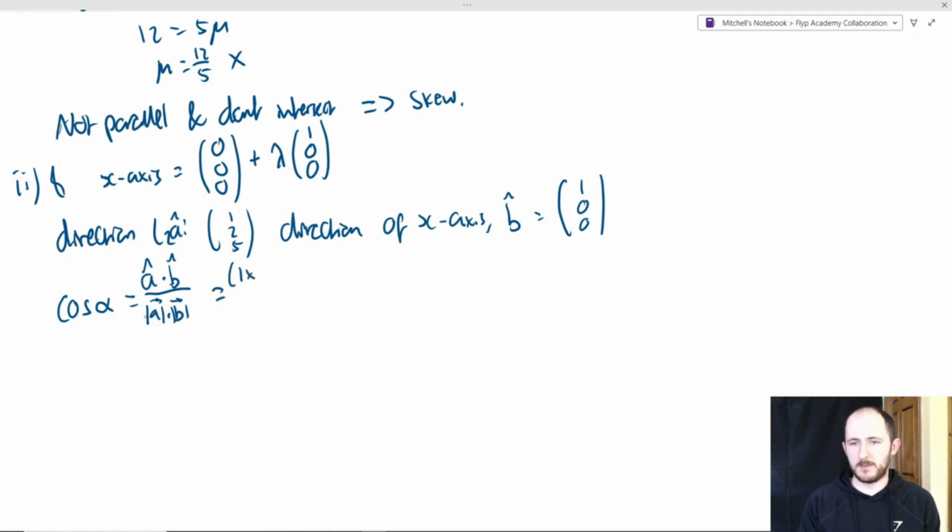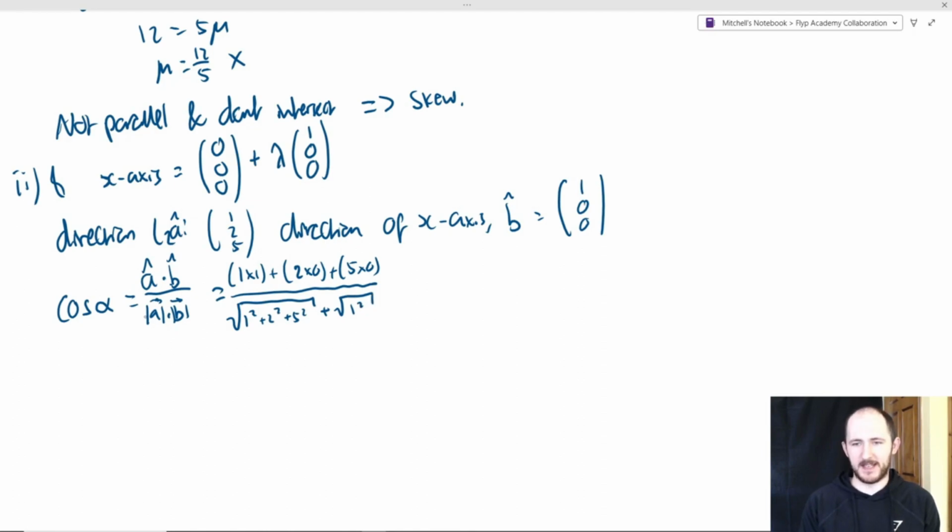So 1 times 1 plus 2 times 0 plus 0 times 0. I'll write it out, but it's just going to be the same thing. Over the magnitudes of them, so 1 squared plus 2 squared plus 5 squared, and for the other vector the only magnitude we care about would be 1 squared, so it'd just be 1, shockingly.